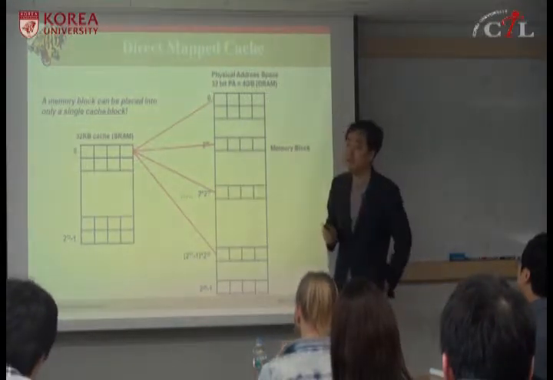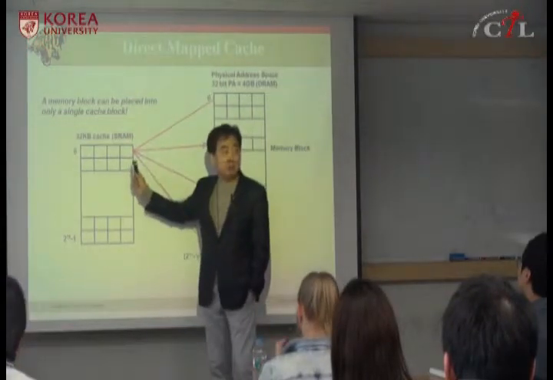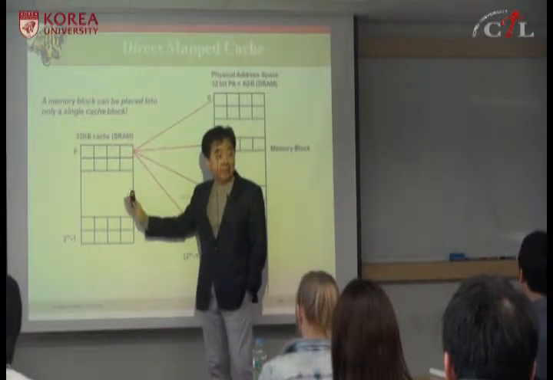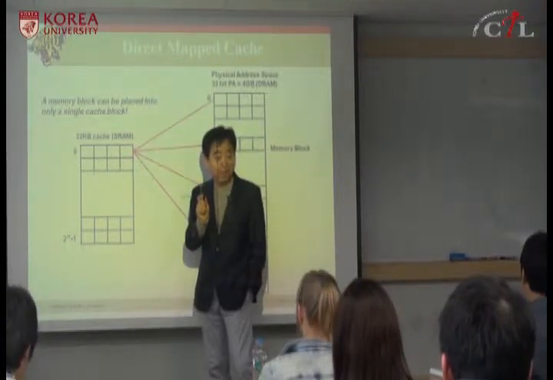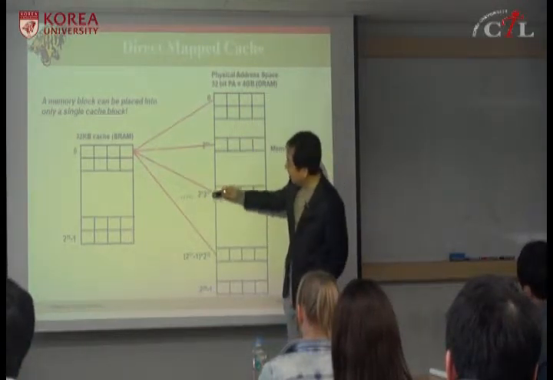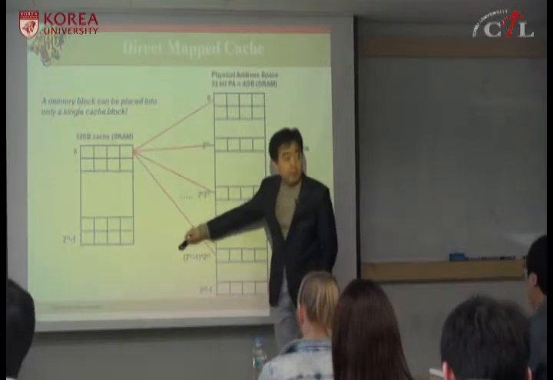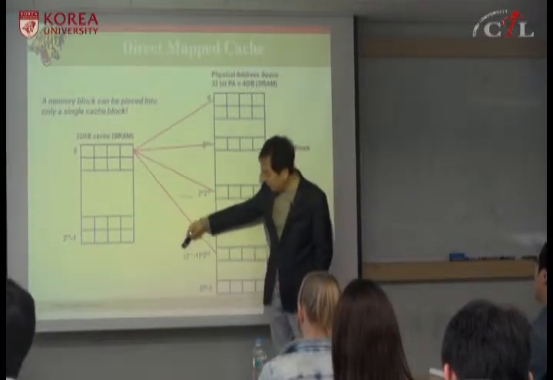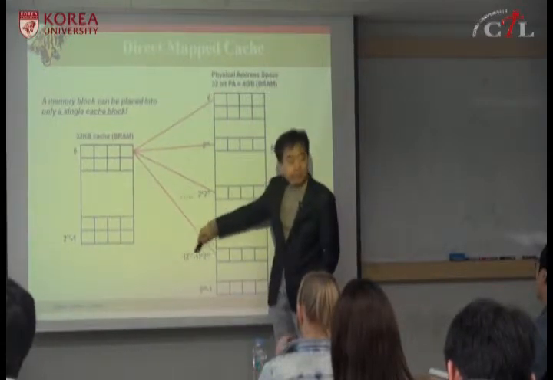Then, if you know the address, you have to examine only one location. You don't have to look for other locations because there is only one place it can be placed in. That is determined by this 11 bits. So this 28-bit memory block address is divided into a 17-bit tag and an 11-bit index.